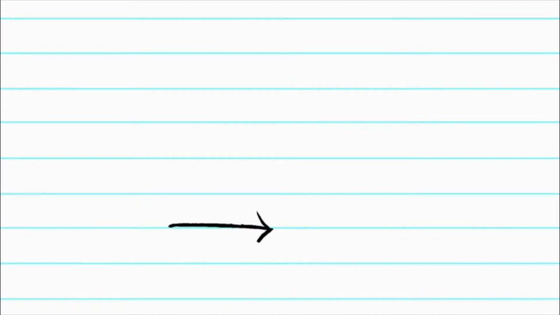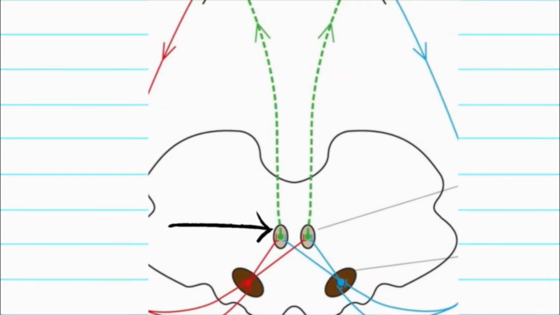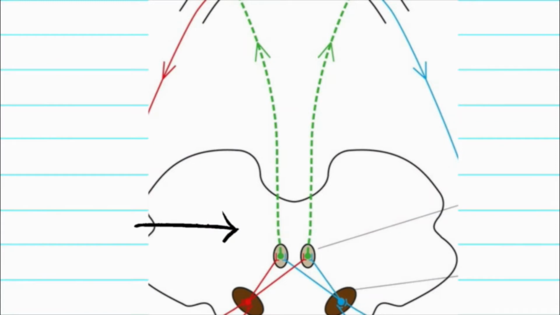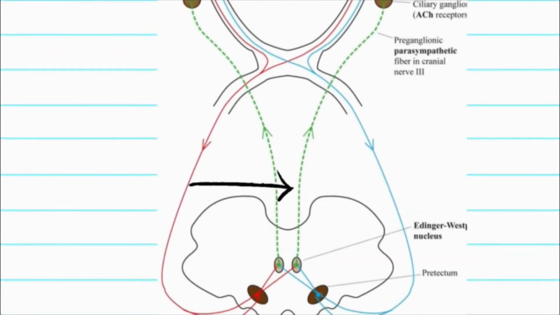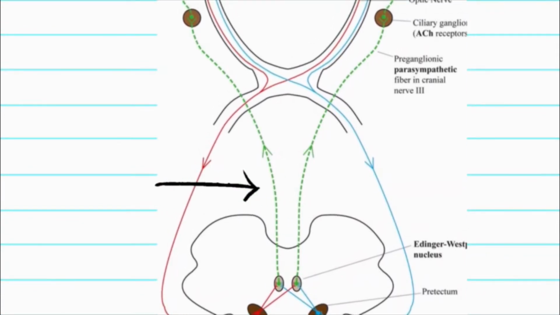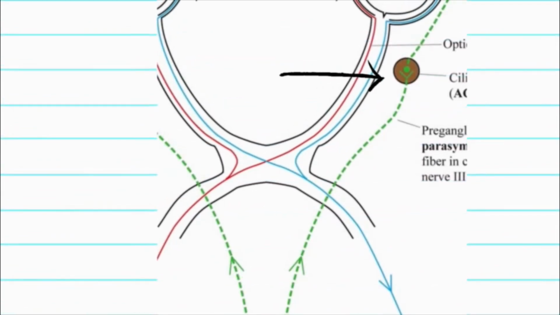The Edinger-Westphal nucleus also gives rise to preganglionic fibers, which exit with the cranial nerve 3, the oculomotor nerve. The preganglionic fibers then synapse with the postganglionic fibers at the ciliary ganglion, as seen.